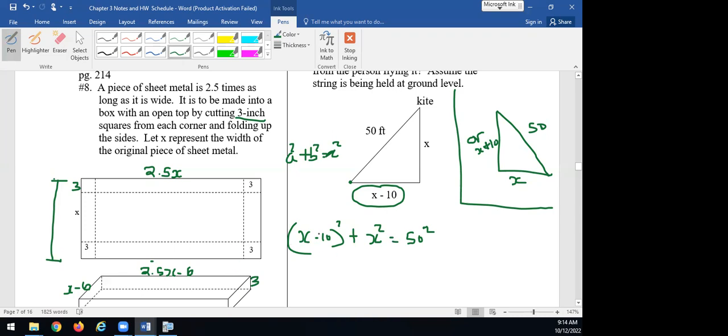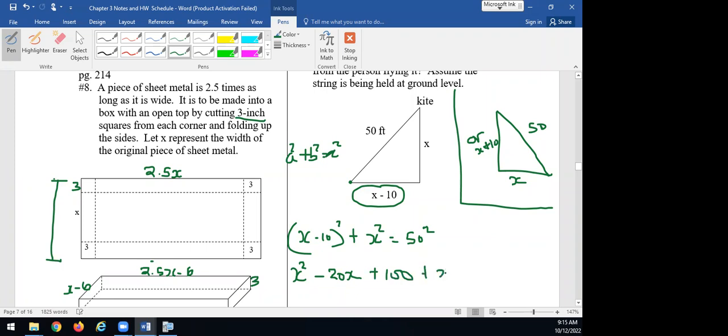Now let's expand here. What do we get? You can FOIL it. If you don't remember the shortcut method, always remember you can FOIL it. So first term squared would be what? x squared. 2 times the product: negative 10 times x is negative 10x, times 2, negative 20x. Last term squared, 100.